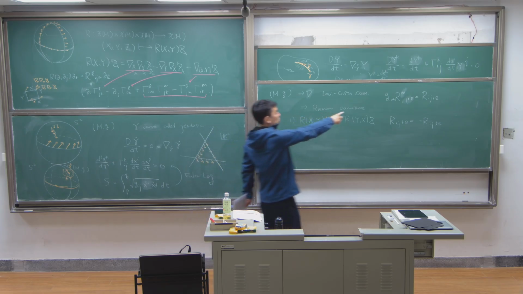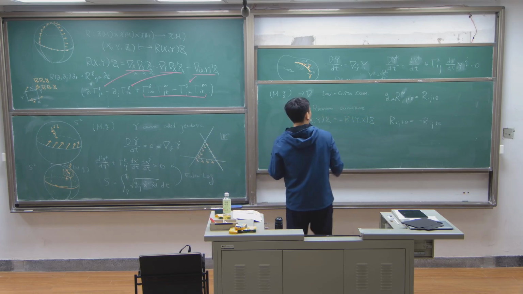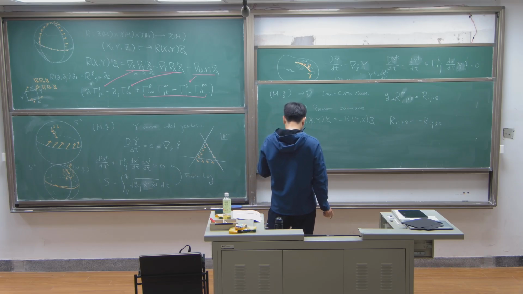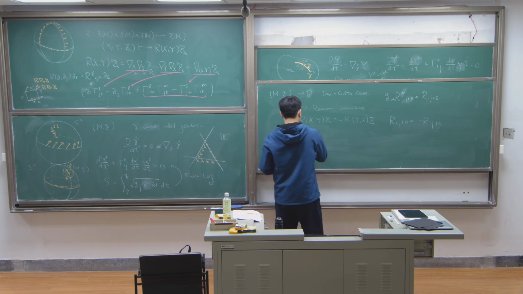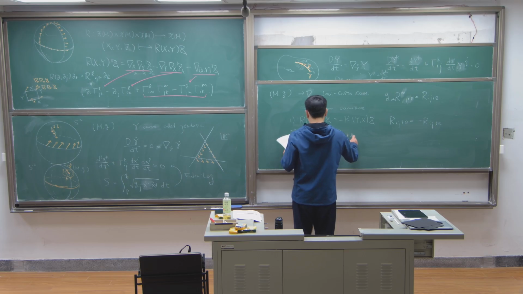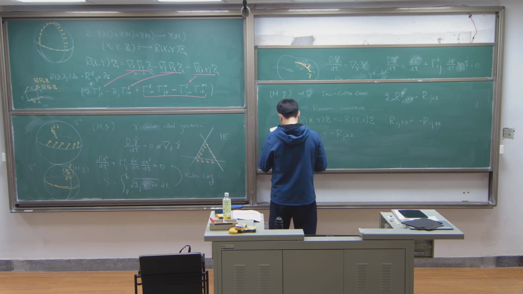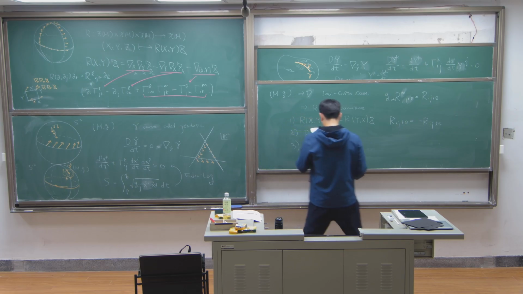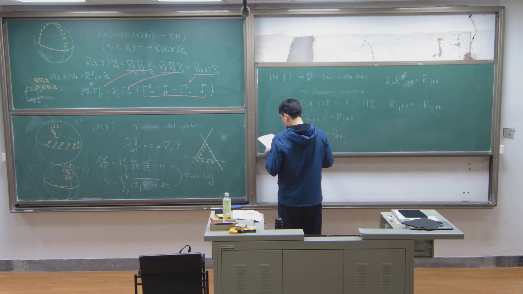To bring it down, you use the metric. Using the metric, we can define R_IJKL. And then another thing is R_IJKL equals minus R_JIKL. And symmetry, and number 4 is Riemannian.